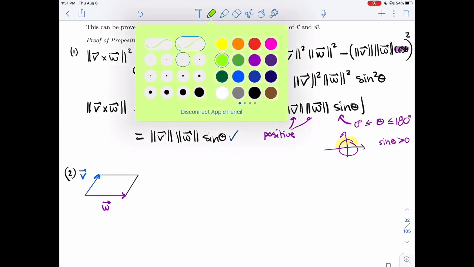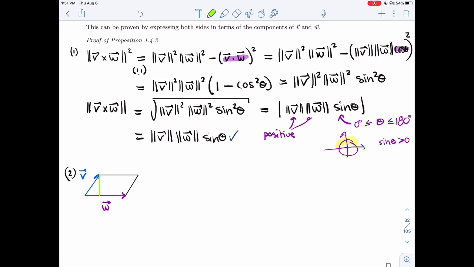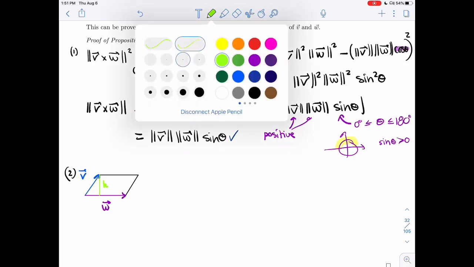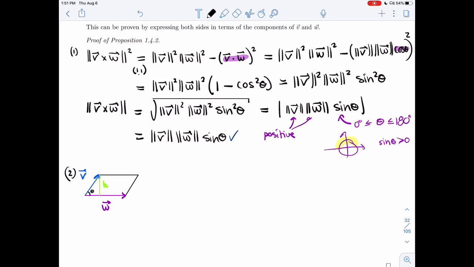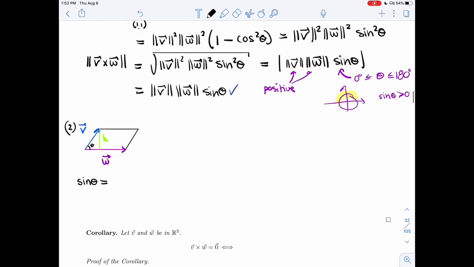And let me add h, just the height of the parallelogram. And if you remember, this angle was theta. So before we get started, I want you to tell me what sine theta would be. Sine theta is opposite over hypotenuse. So let's look at this small triangle here. So sine theta is opposite, which is h, over hypotenuse, which is length of v.